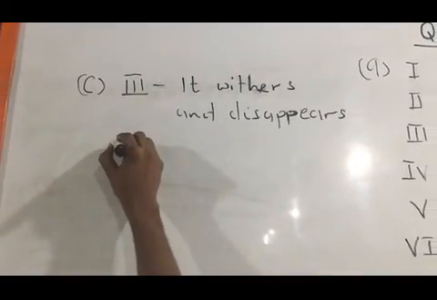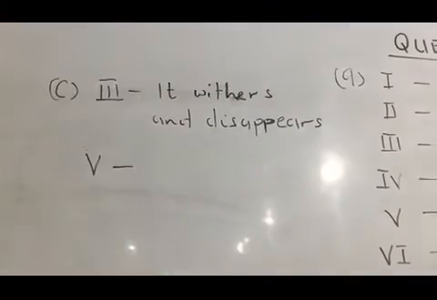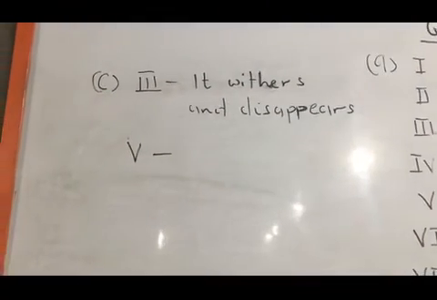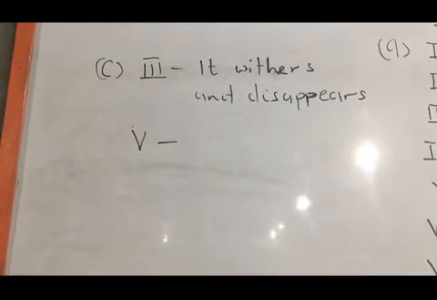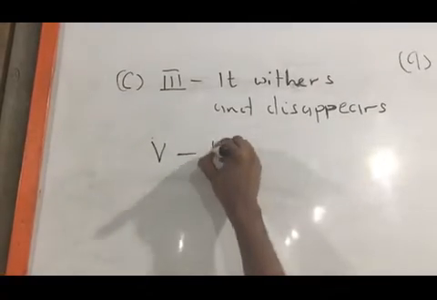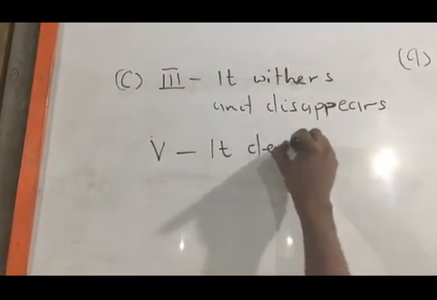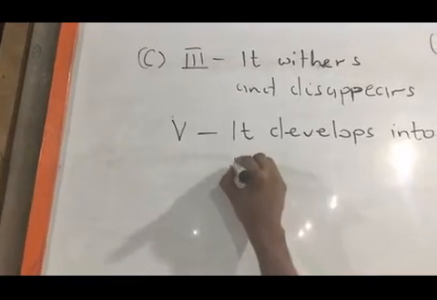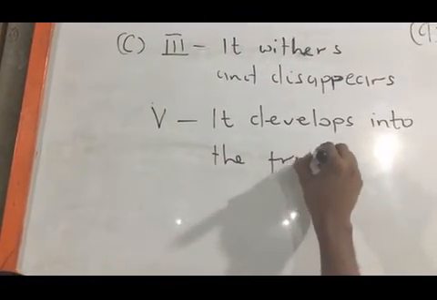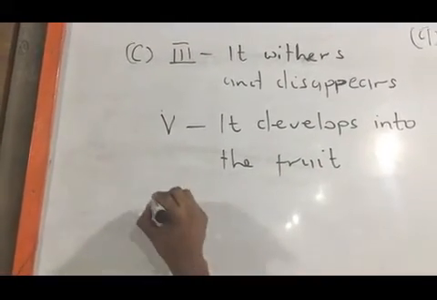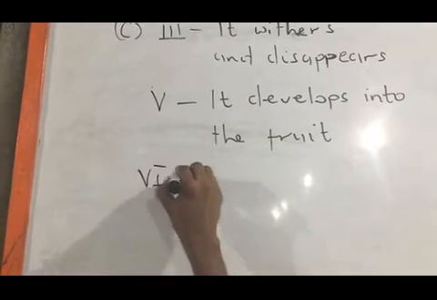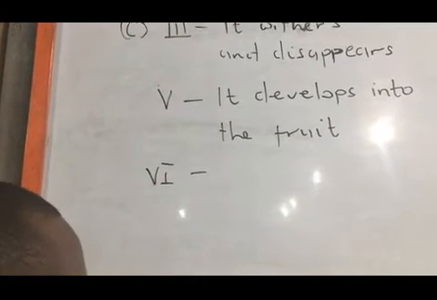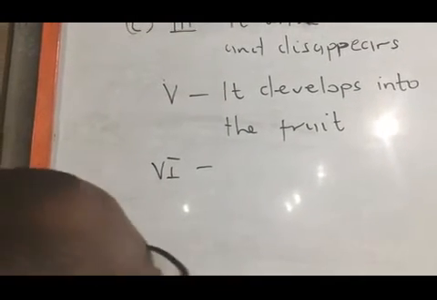And then for V, that is the ovary. The ovary is what develops into the fruit. And then VI, the VI is the ovule or the embryo sac.